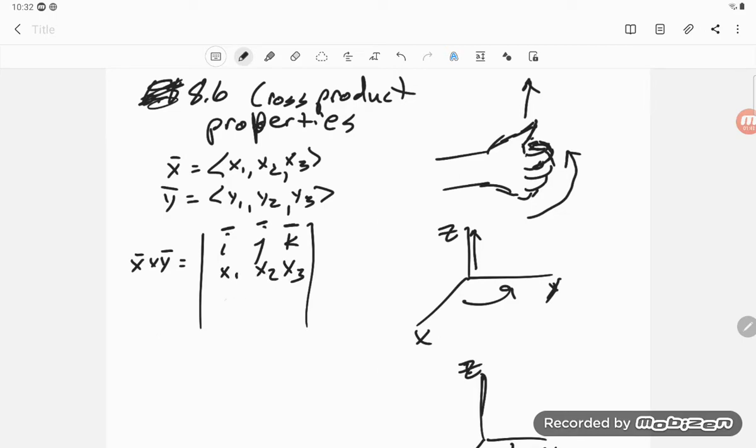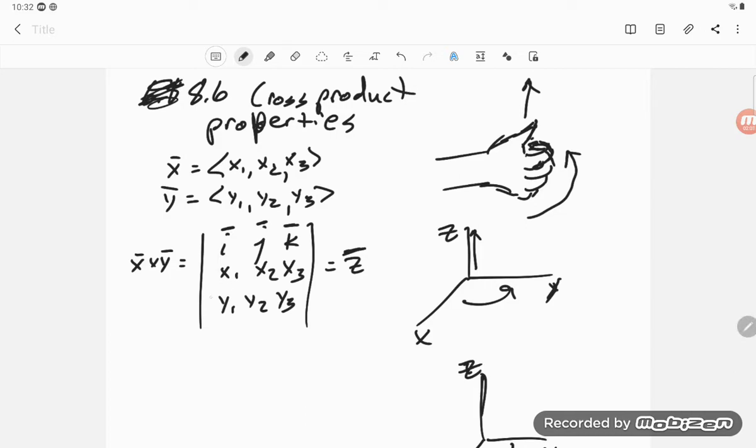x2, x3 here, y1, y2, y3. So it's a vector. If I take x cross y to get some z, that is a vector. And so it would have a particular magnitude and a particular direction to it. And so order is very important.